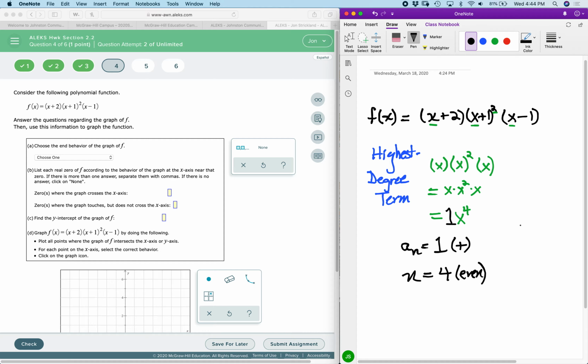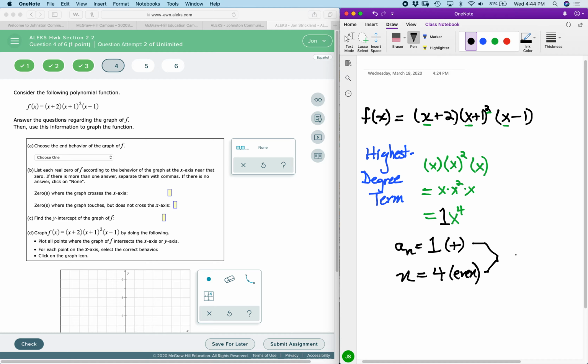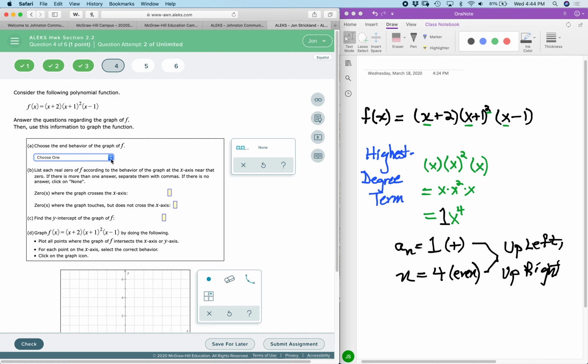which is even. If you have a positive leading coefficient and the degree of the function is even, the end behavior is going to be up to the left and up to the right. In choosing the end behavior of the graph, rises refers to going up, falls means going down.